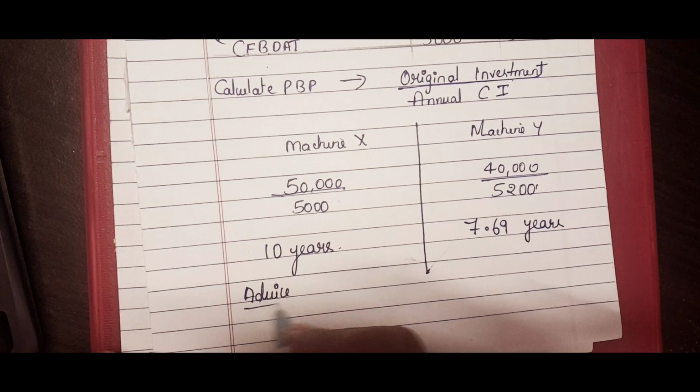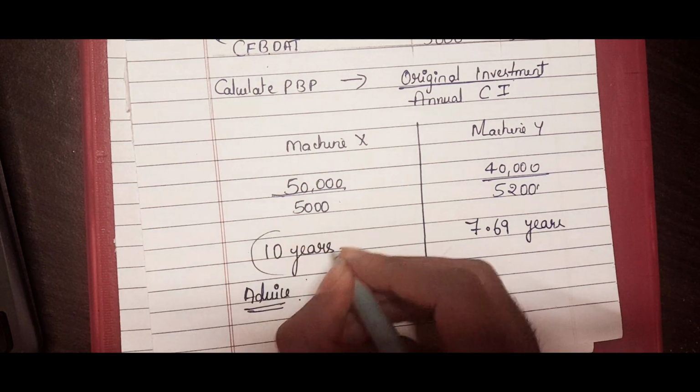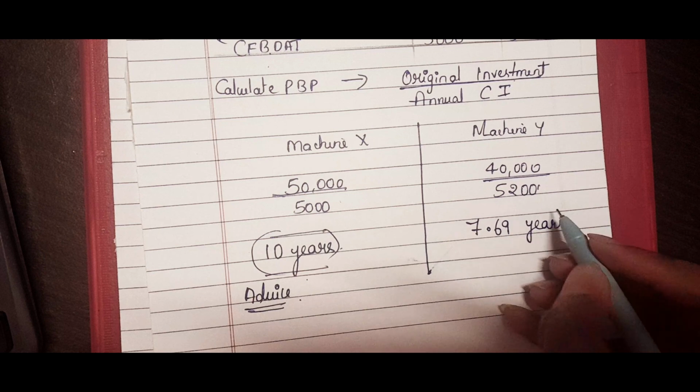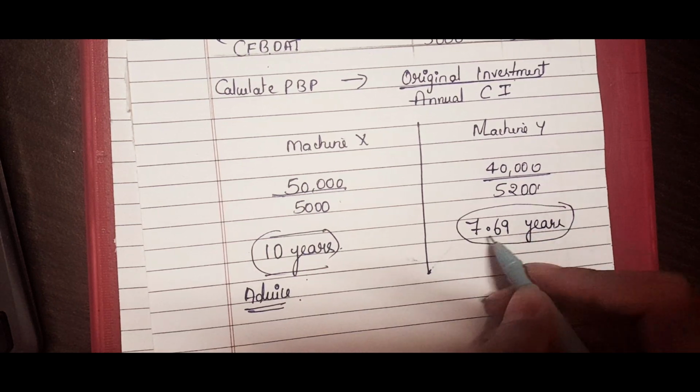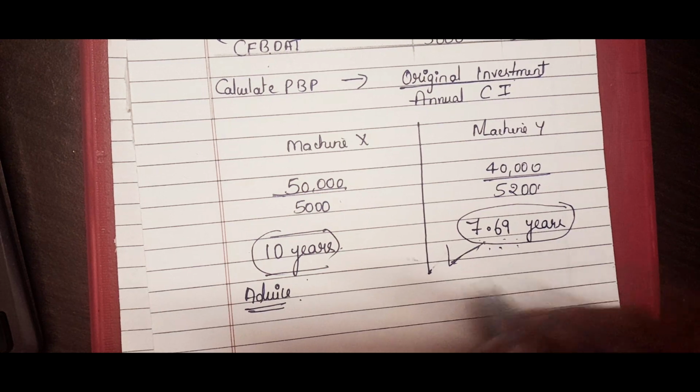And in the question they have even told that we need to advise the management which is the best machinery. Always when you are advising, consider that machinery which will get returns at an early stage or in less amount of time. Here returns we are getting completely after 10 years. But here we are getting in 7.69 years only. So this project is advisable.